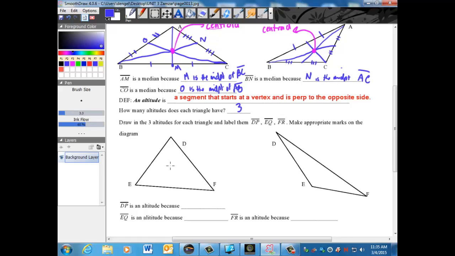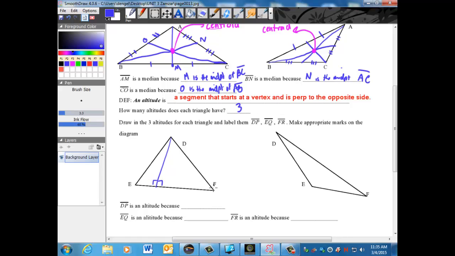Now, we have to be smart about how we do this. If we just draw a line straight down, it's not going to create a 90-degree angle. So it looks like we have to draw this line over to the left, and that wasn't all that great either, but we're going to say this is a 90-degree angle.